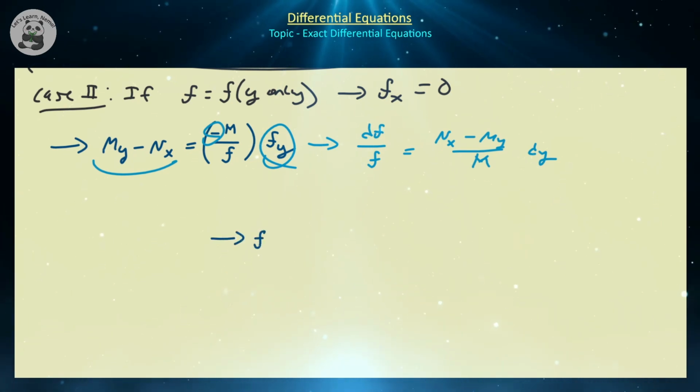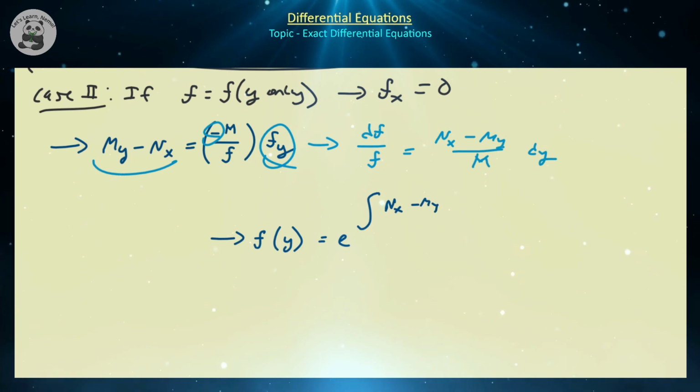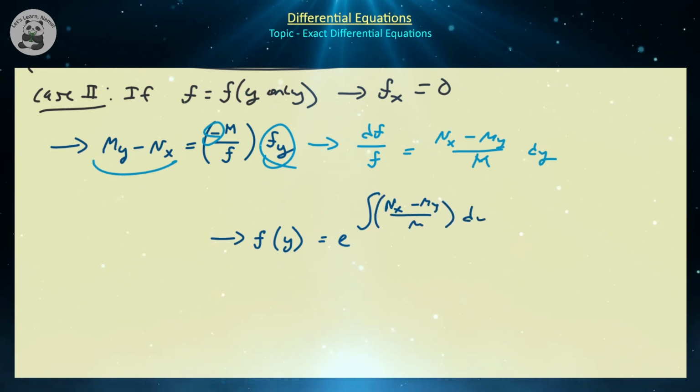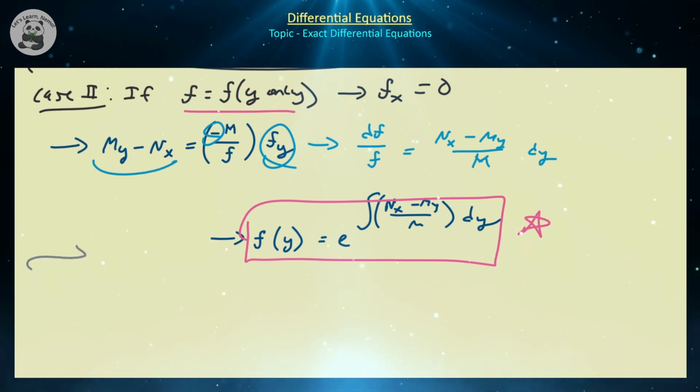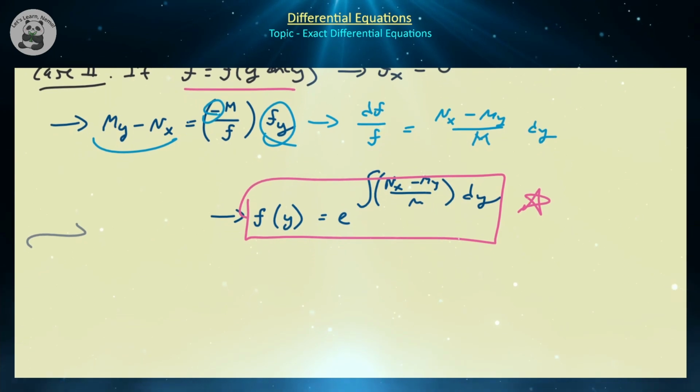So we're going to have that f of y, because it's a function of y only, will be equal to e to the integral of nx minus my divided by m dy. And that would be the structure of our integrating factor if our integrating factor is a function of y only. But again, how do we know if our function is a function of y only if we don't exactly know what that function is?